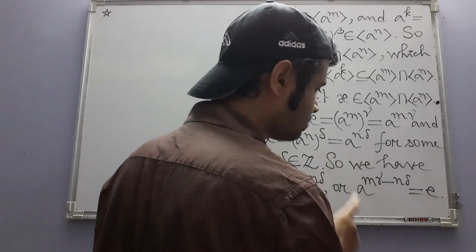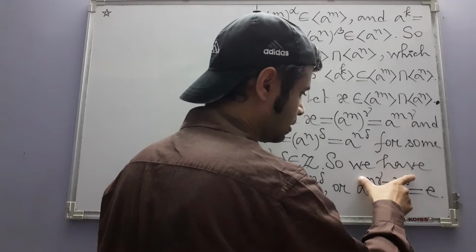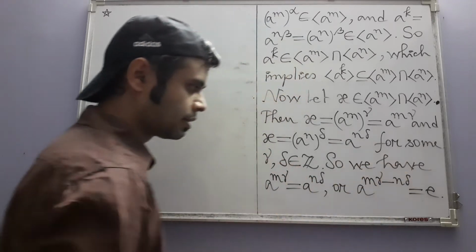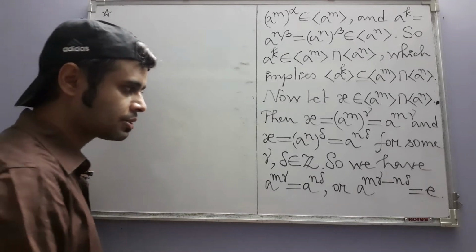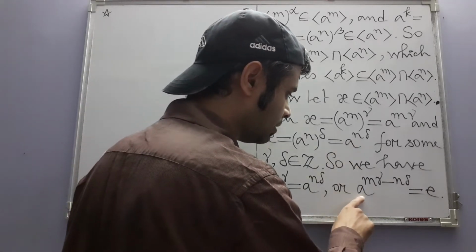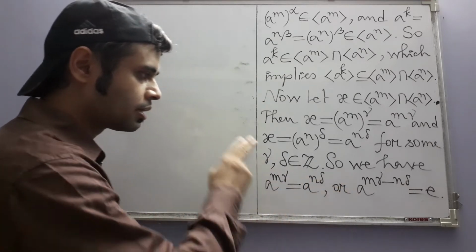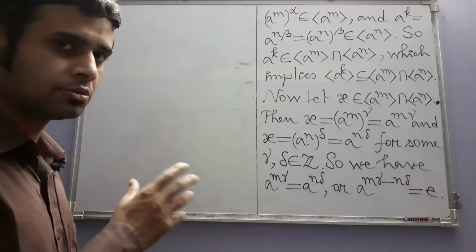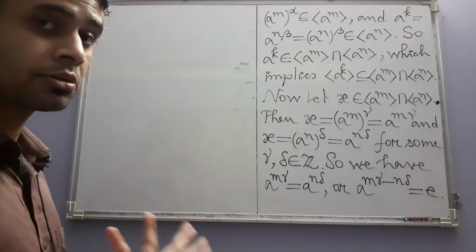If we have a non-zero integer above a as the exponent for which this equation is true, then that would imply a has finite order. But a is a generator of our original group G, and it's given that G is an infinite cyclic group, so that will be contradicted.